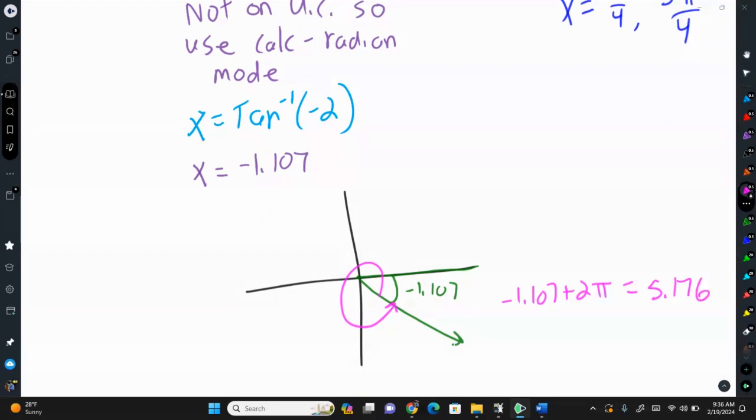But now we have to also get the angle in quadrant 2. So again, that is our reference angle. If we want our angle to be in quadrant 2, okay, remember reference angle, we're going to have to do pi minus that. That will be in quadrant 2.